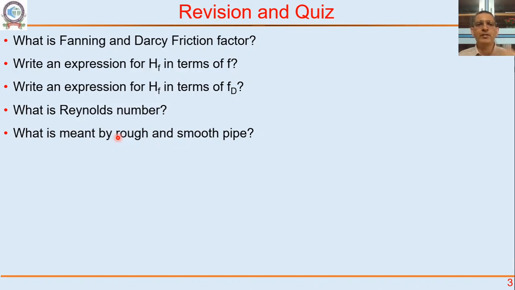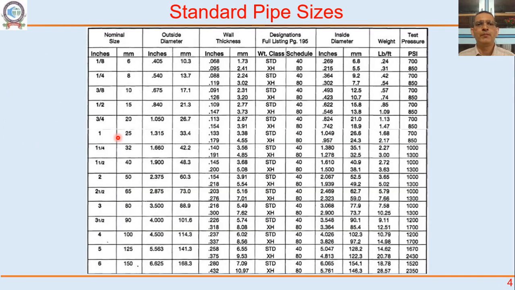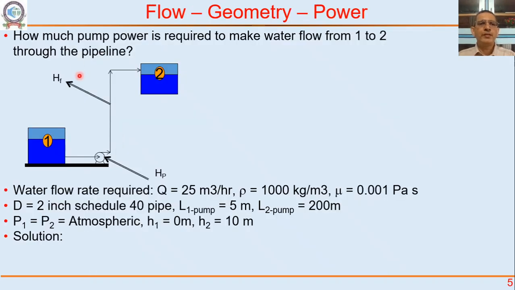And now let's start using all this and estimate the power required for the pump. So here is a problem. Before that, the standard pipe sizes also we saw, recall from the previous lecture. Okay, so here is a problem for you. We want to transport water from one location, a tank at the ground floor, let's say, to another tank at the top of the building.